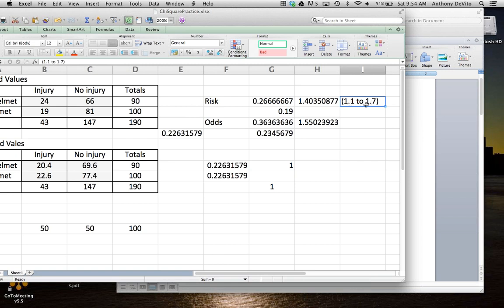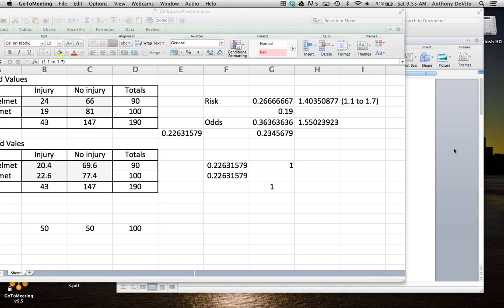Since in this particular case the confidence interval excluded 1, we can say with 95% certainty that this 1.4, our point estimate, is not 1, because the interval doesn't contain 1. Is everybody comfortable with that at this point?